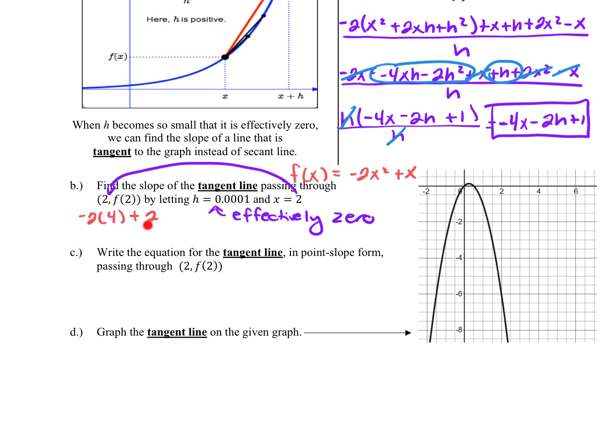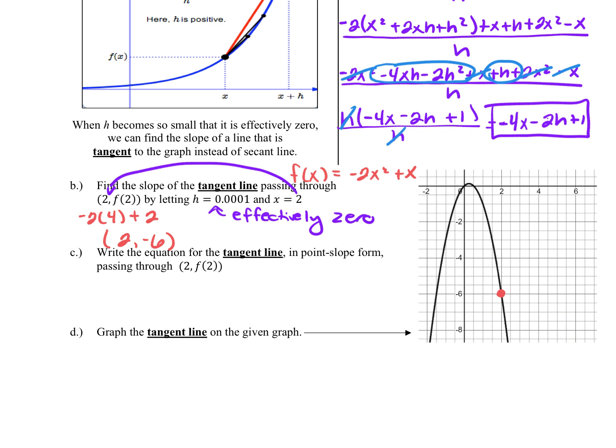So I've got negative 8 plus 2, which gives me negative 6. So my point on my graph is the point 2, negative 6. Over here is the graph of this function, so we can go find this point on our graph. Let's make sure that it's on our graph. We've got the point 2, negative 6. Sure enough, it's right there.